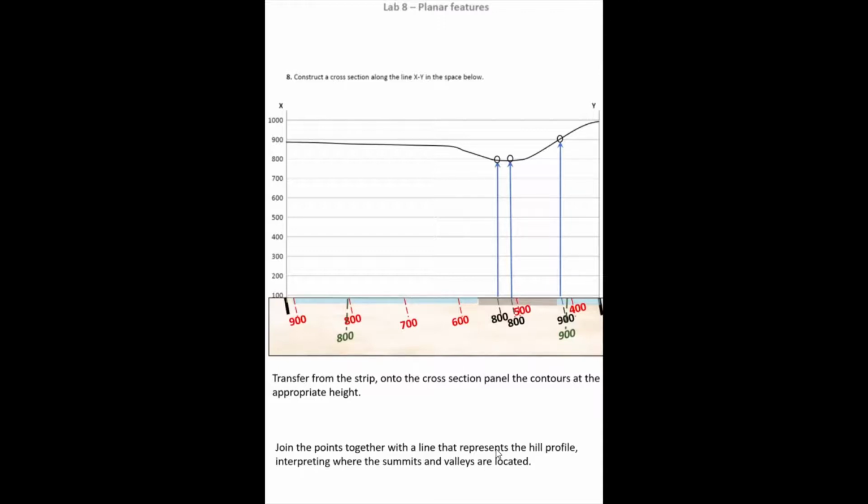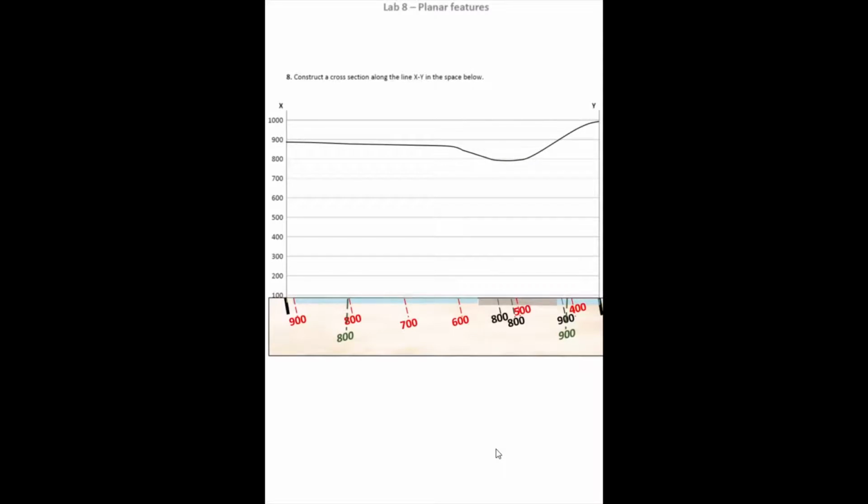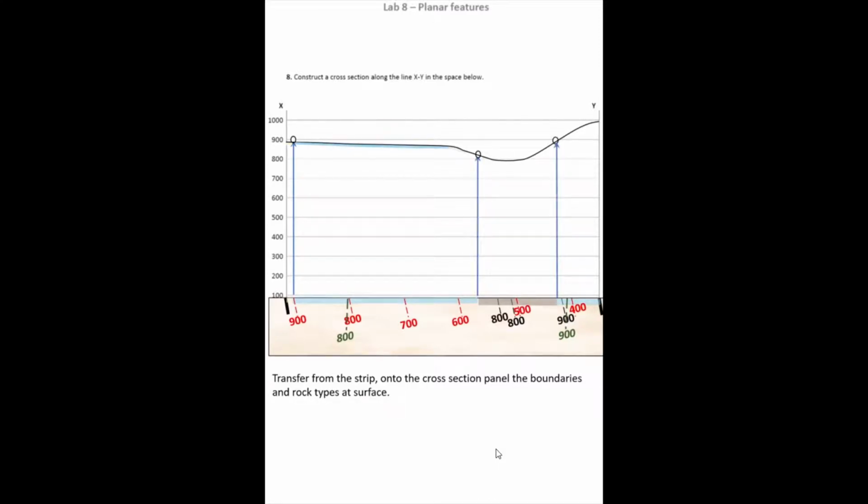And by interpreting that, I've made myself a hill profile. And then what I can do is transfer from my strip onto this hill profile the locations where we cross a lithological boundary, and then add in a thin veneer on the top to show what the rock types would be on the surface.